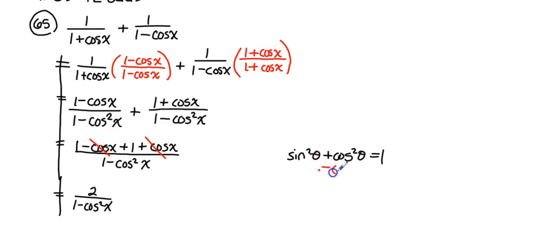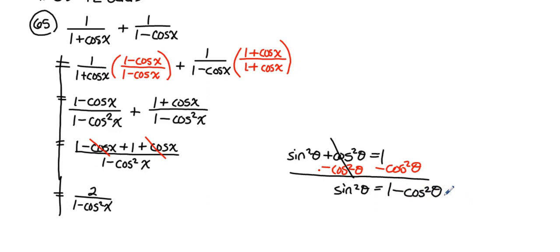I can subtract cosine squared theta from both sides. And let's see what we get. Sine squared theta equals 1 minus cosine squared theta. And that's exactly what I need.